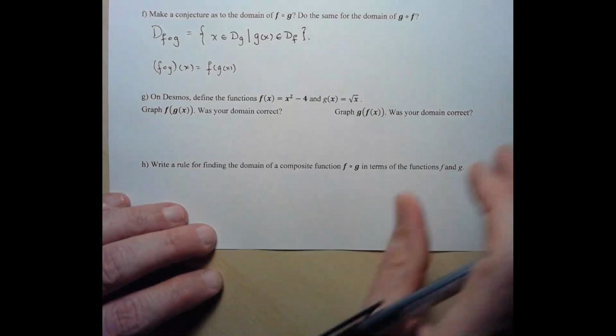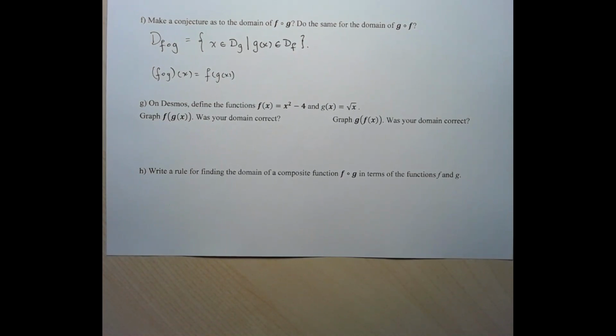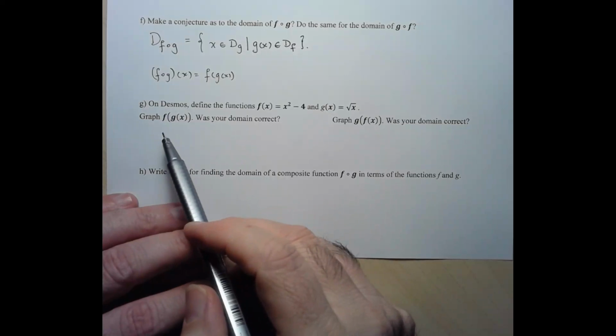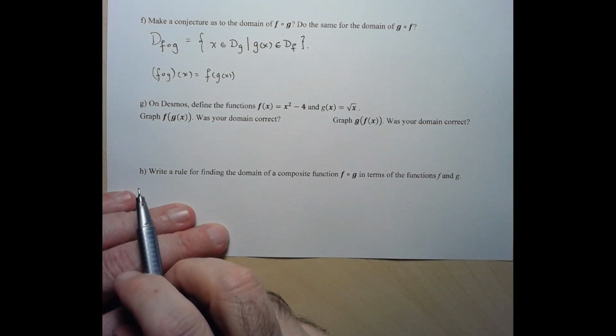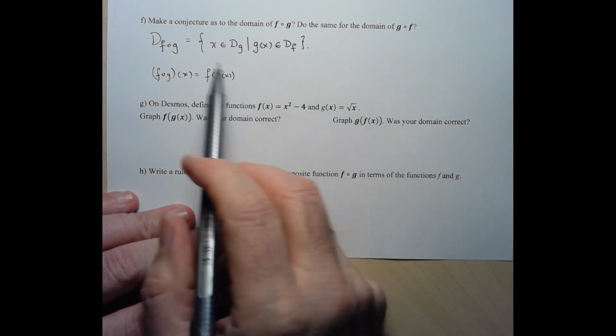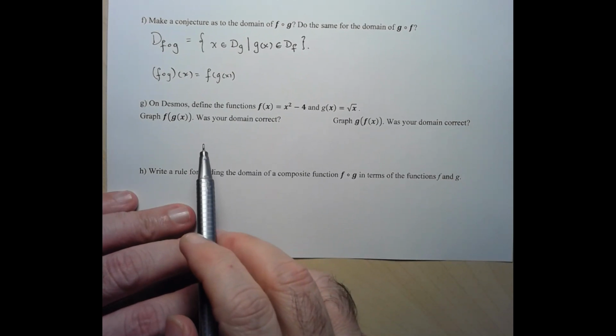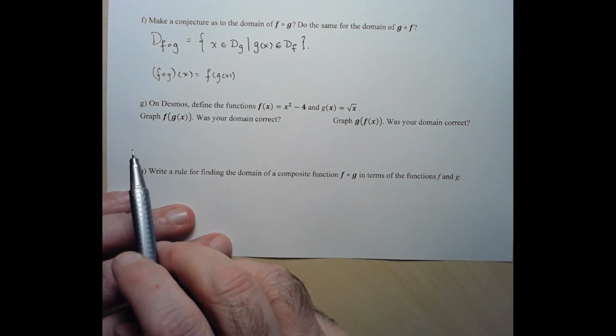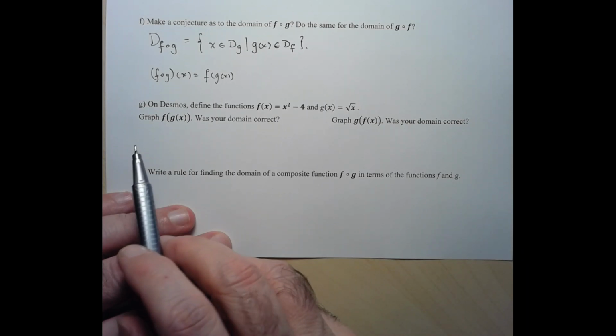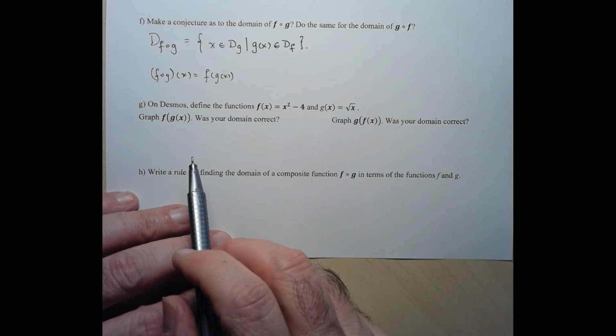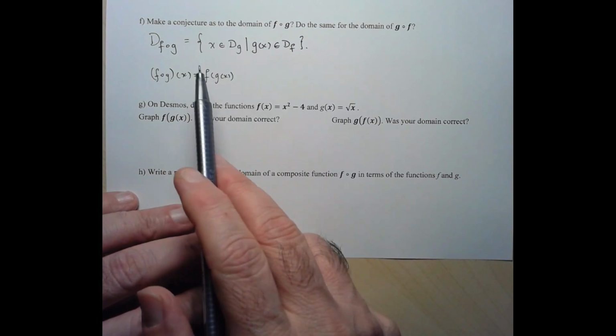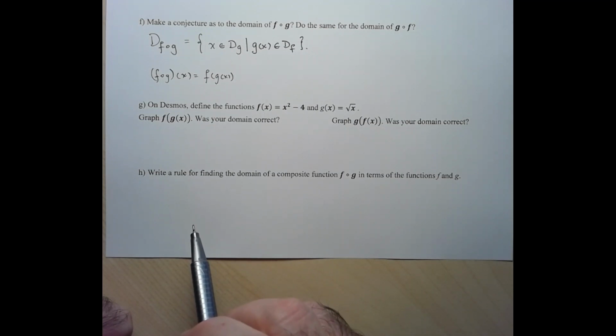Now what I want you to do is use a little graph to see if our conjecture is correct, and check with Desmos to see if this indeed does work in giving you a domain. I'll give you about 5 minutes to work on these two.